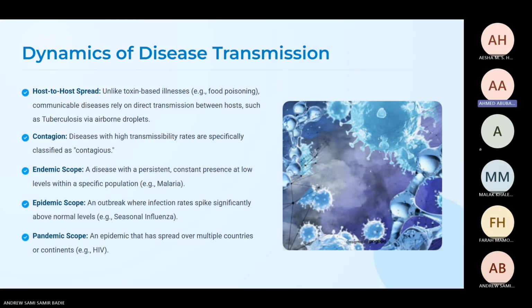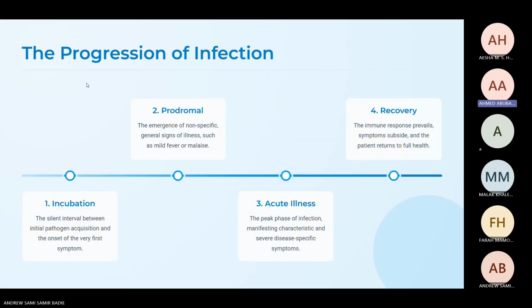We also need to understand, in the next slide, the progression of infection. The first stage is the incubation. This is a silent phase where the pathogen is multiplying inside of you multiple times, and you are completely asymptomatic, so you don't see anything wrong in your body.